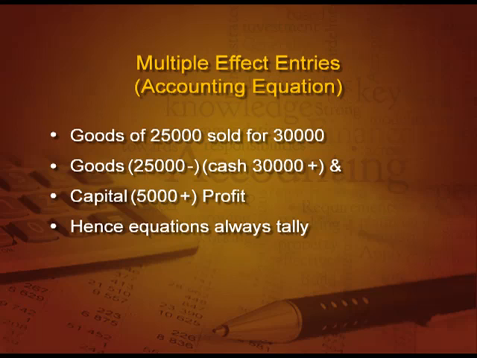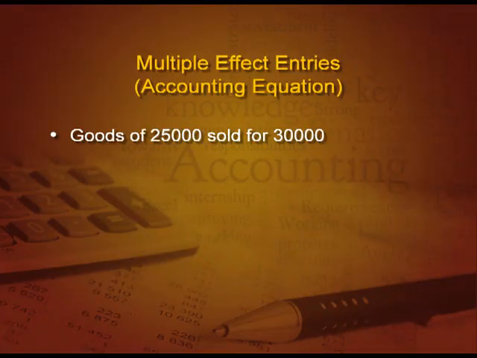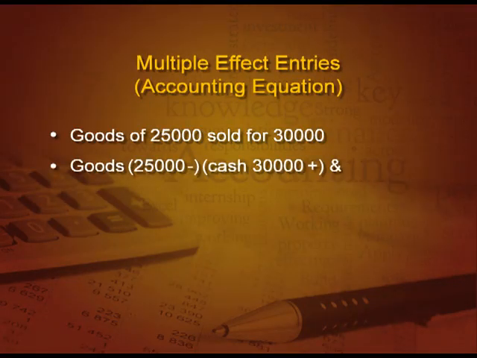Now, there are multiple effect entries in the accounting equation also. Let us see those. Goods of 25,000 sold for 30,000. Now, this entry is going to affect 3 points. First, goods 25,000 will be subtracted, cash 30,000 will increase, and we have earned a profit of 5,000 which will increase our capital.